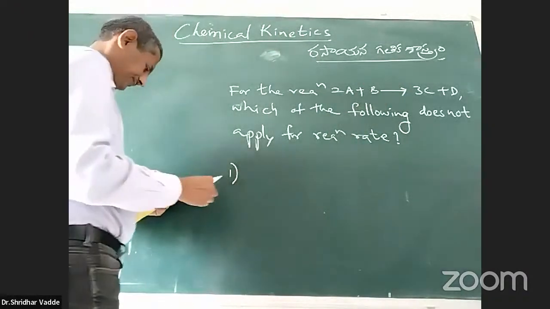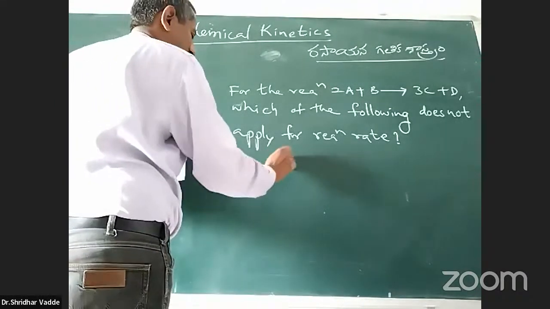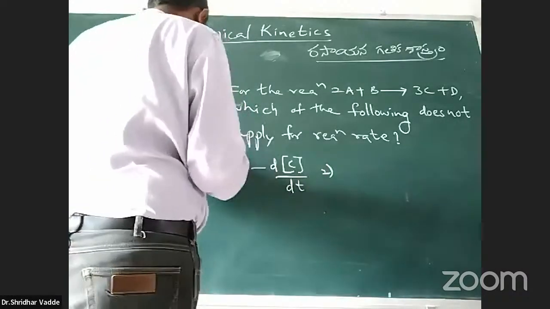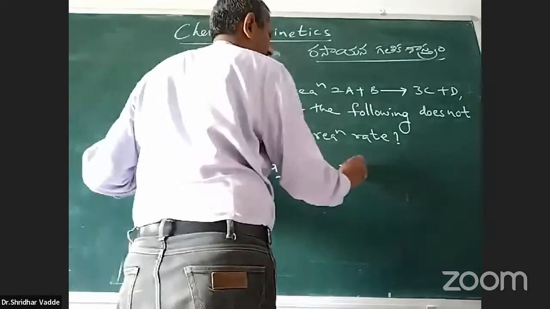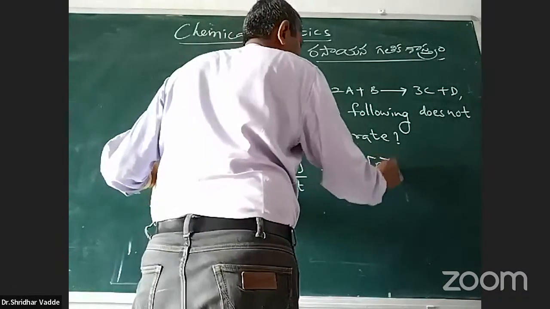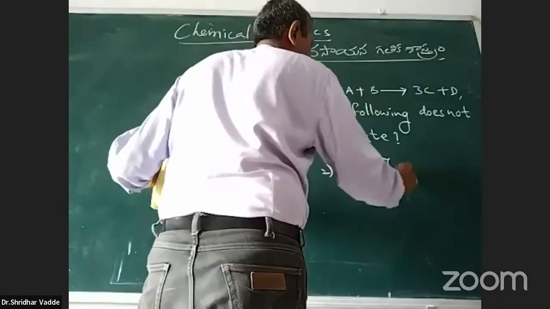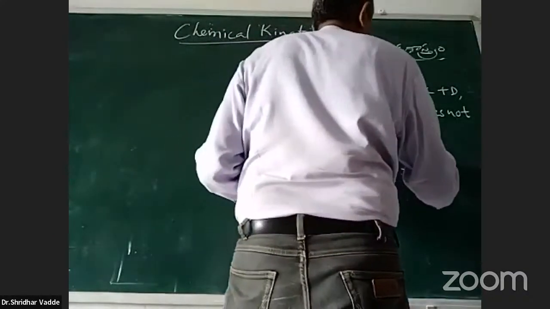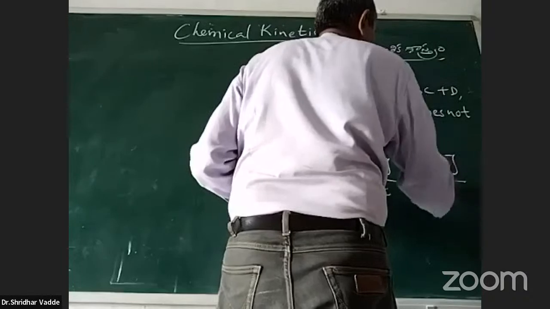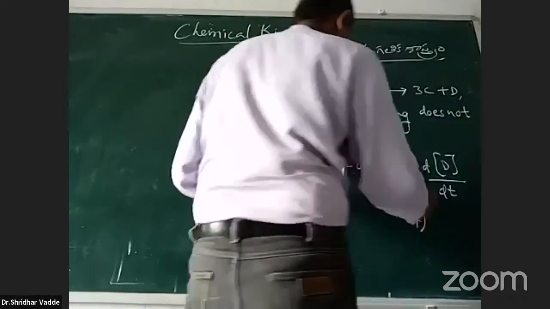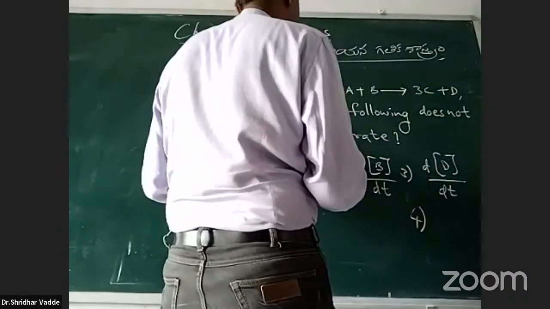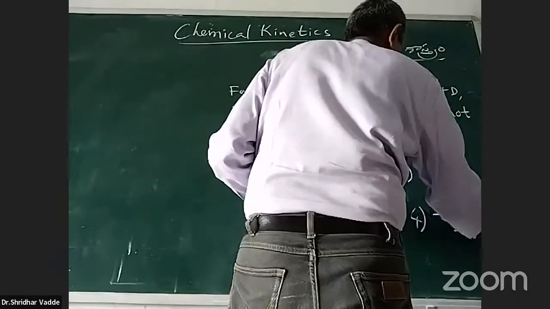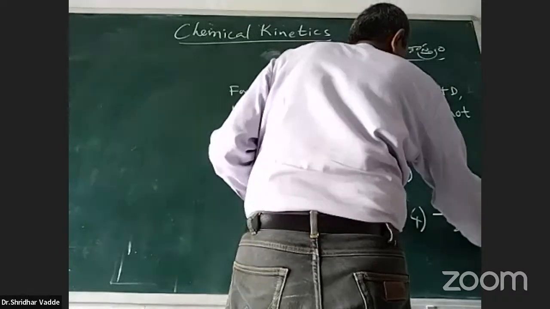Number 1: minus d[A] by dt. Second one: minus d[B] by dt. Third one: d[C] by dt. Fourth one: minus 1 by 2 d[A] by dt.